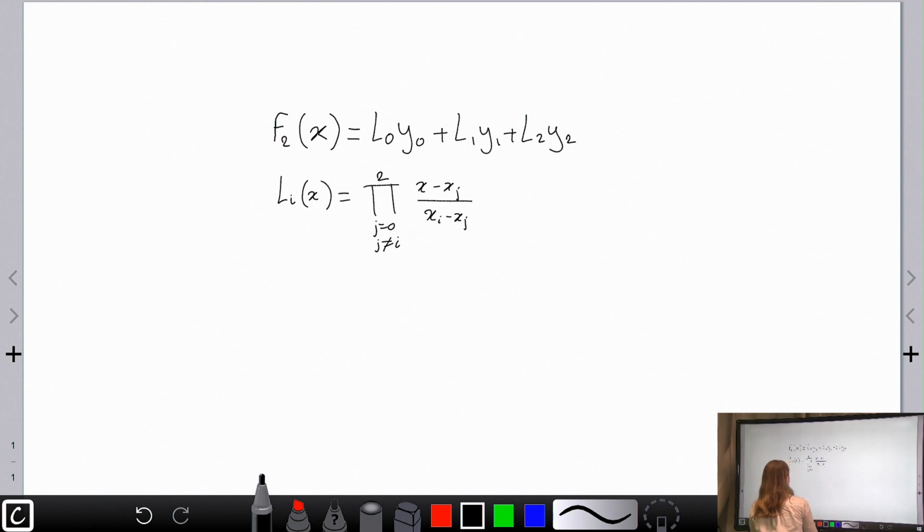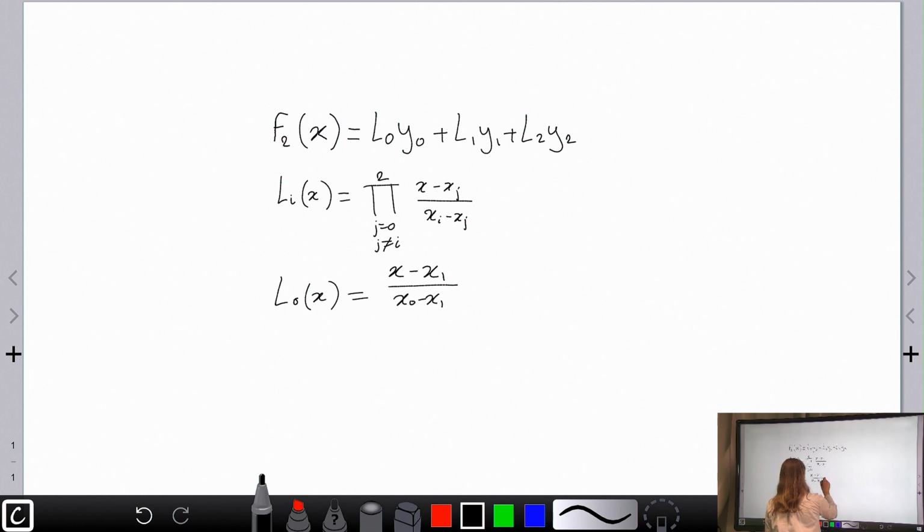So now we can use this expression to calculate the L functions. So L0 of x is going to be, so we start, so i is 0, so j cannot be 0, so we'll start off with j is 1. So we'll have x minus x1 over x0 minus x1.